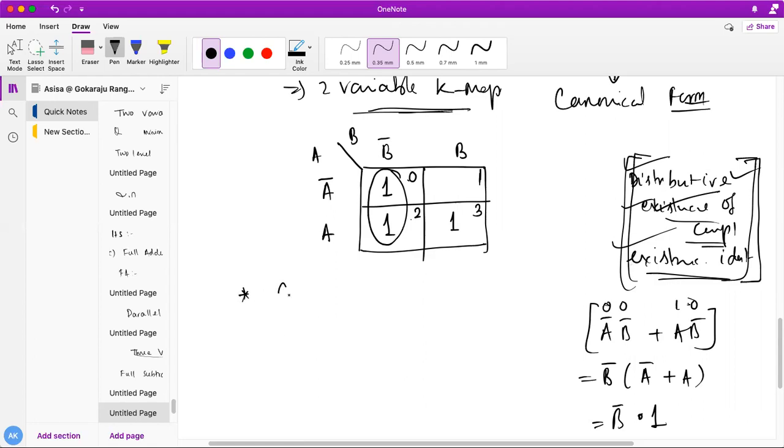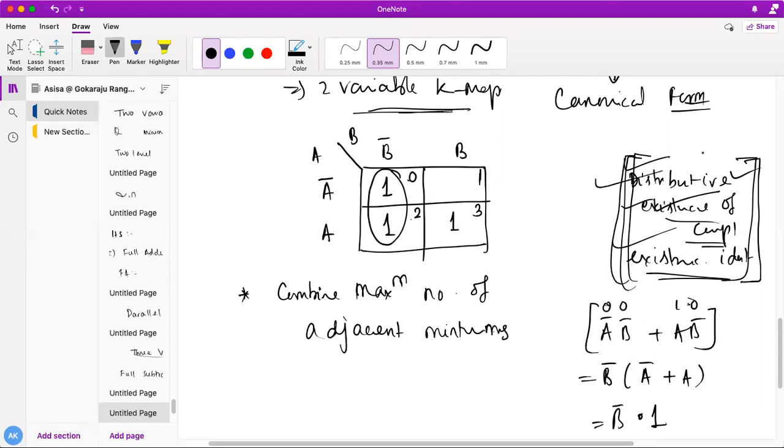Combine the maximum number of min terms to get the minimum number of literals. But you have to combine the adjacent min terms. These are all rules, students, adjacent min terms. Because if you combine adjacent min terms, then these 3 laws can come up at a time.